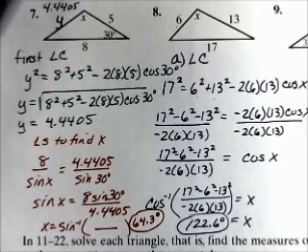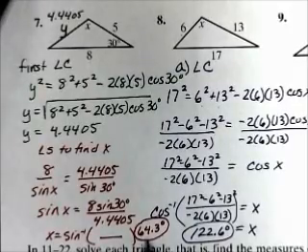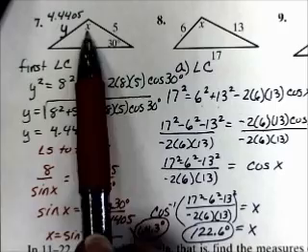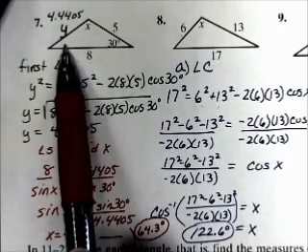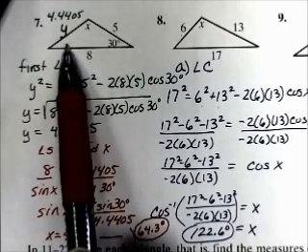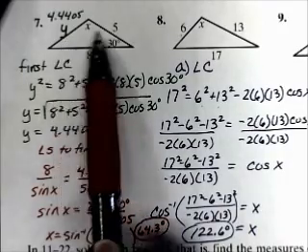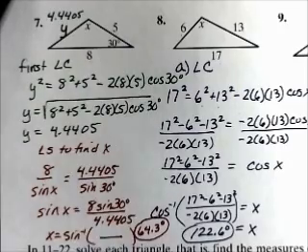All right, but wait a minute, something doesn't seem right here. If I was to put 64.3 in here, that would make this angle approximately 85 degrees. And then this is the largest angle, but that's not the longest side.